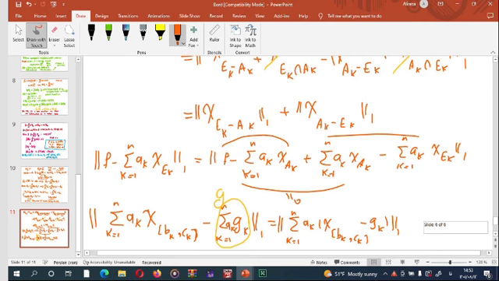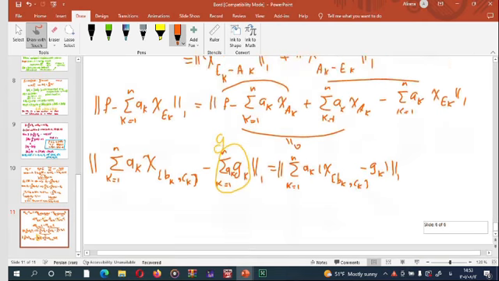And this is less than or equal to this summation. Known one. No, this known one can be considered smaller and smaller.